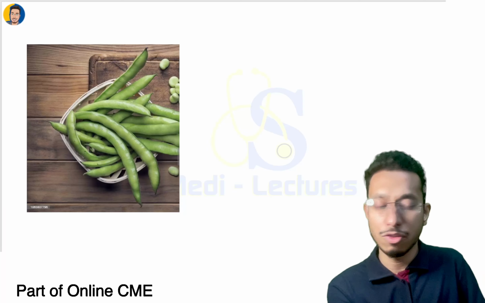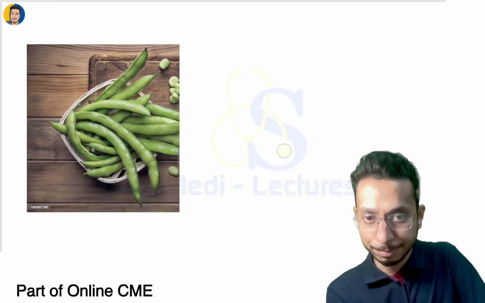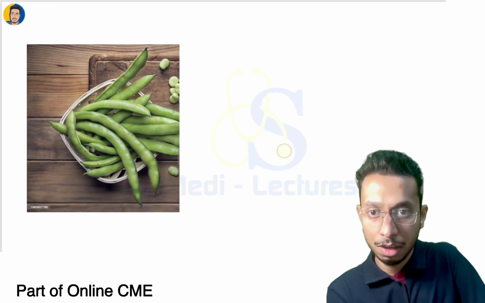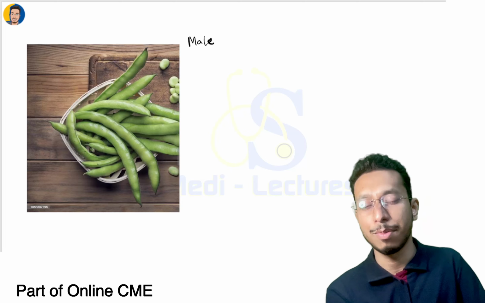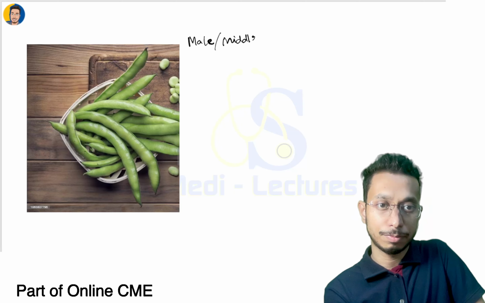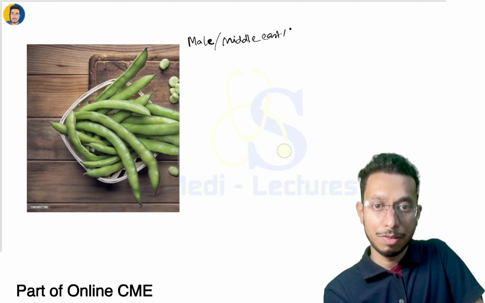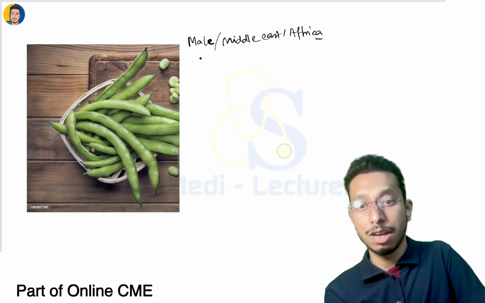Now, what is the usual presentation in G6PD? The usual presentation is a male coming from Africa or the Middle East, mainly the Middle East or Africa, as it is X-linked. So there is a similar history in the family.